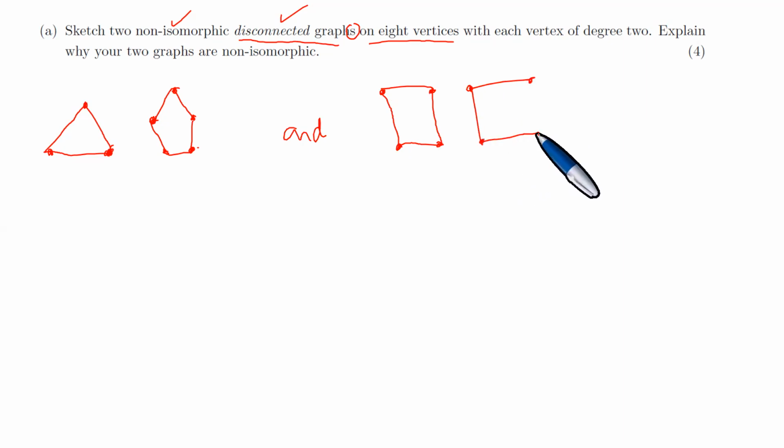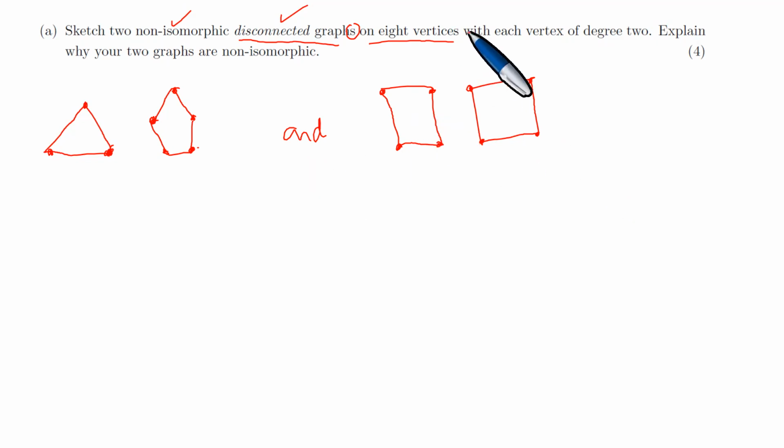Also this one is 4 vertices, so we have 8 vertices. So yes, these are the kinds of graphs.